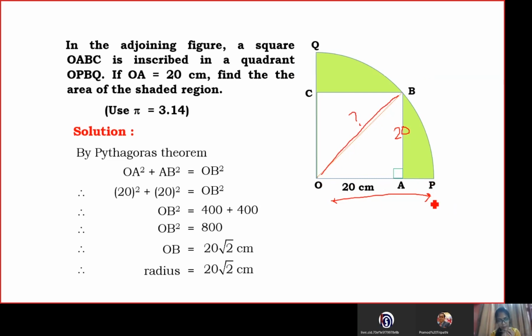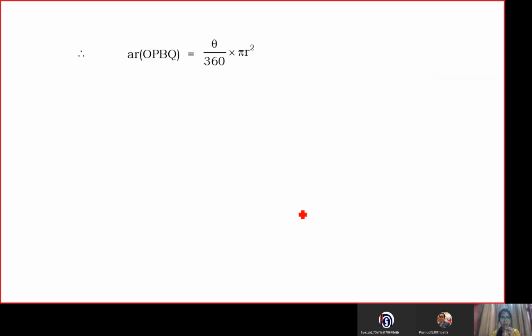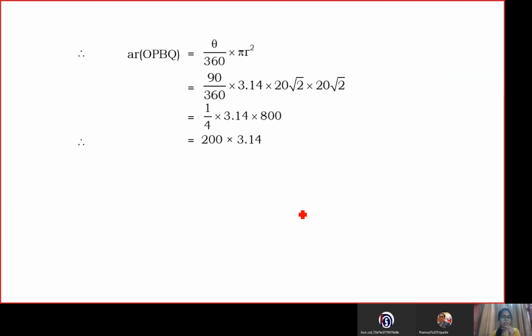Once you have got the radius of the quadrant, now it's an absolutely easy question. Just apply the formula, area of the sector, you will calculate. Since it was mentioned in the question to use the value of pi as 3.14, therefore you have used the value of pi as 3.14. Otherwise, use it as 22/7 only.